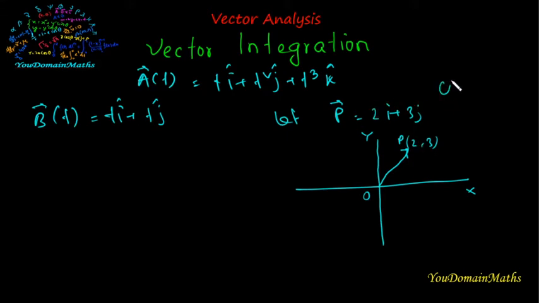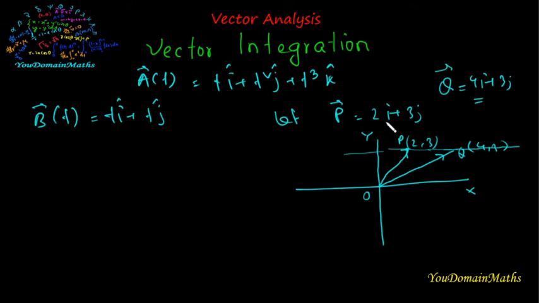If q vector is 4i plus 3j, the coefficient of i is changed but the coefficient of j is unchanged. Putting this vector in the graph, we find the OQ vector, that means (4, 3). Joining the terminal points of the vectors, with values 2, 3, 4 and so on, we get a straight line.